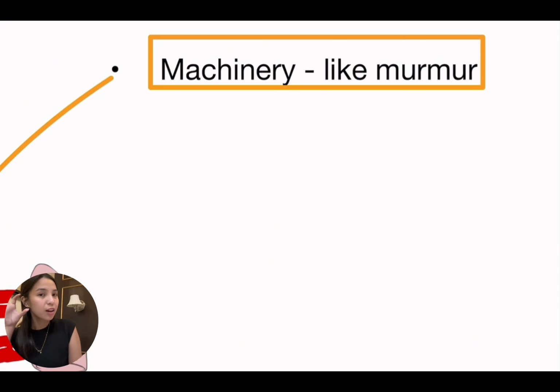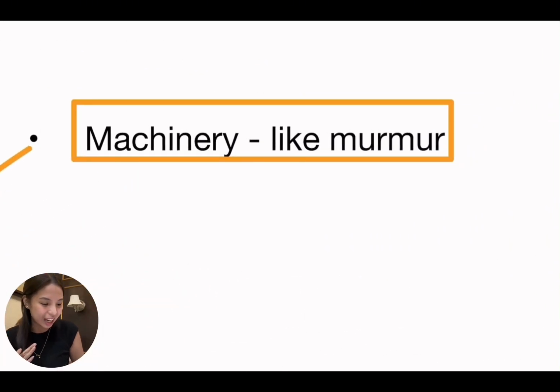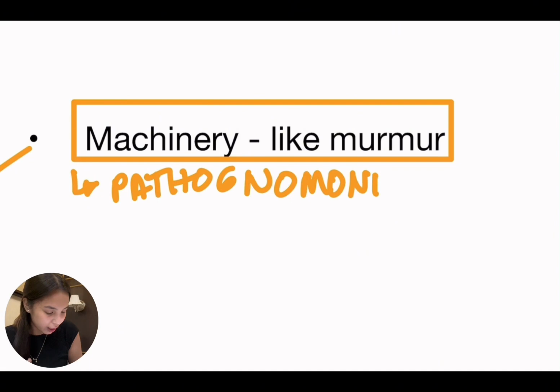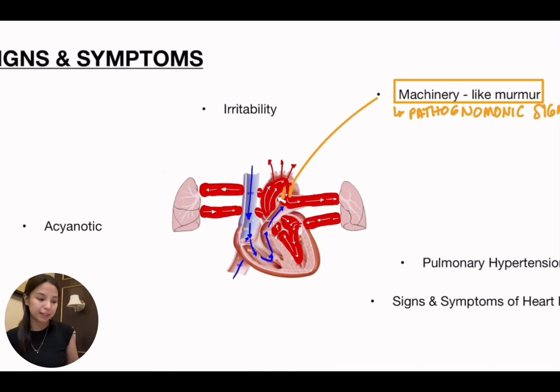When you hear the heart in the left sternal area, because of the ductus arteriosus and blood gushing through that area, you'll hear a machinery-like murmur, and that is our pathognomonic sign for patent ductus arteriosus. So I would like you guys to put a star on that.